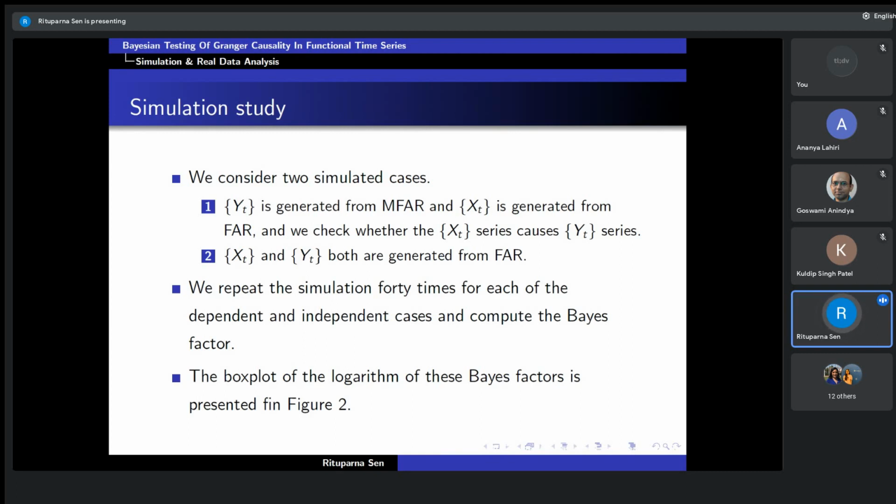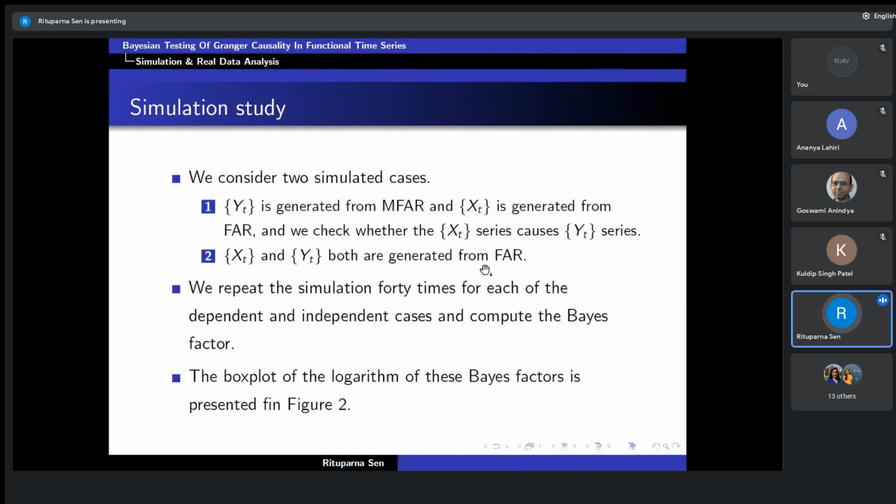Even with 40, we saw a clear signal. What we present here is a box plot of the logarithm of Bayes factors. For each data set, we are getting one value of the Bayes factor. So I have 2 box plots that I'll show you right now. One is when you are generating from this model, 40 cases, and for each of these 40 cases, you obtain the Bayes factor and the box plot of that.